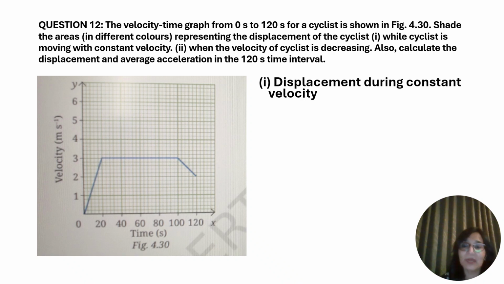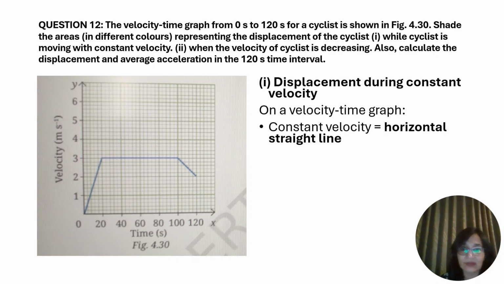First part, displacement during constant velocity. So on the velocity time graph, which you can see on the screen, constant velocity is basically the horizontal straight line.